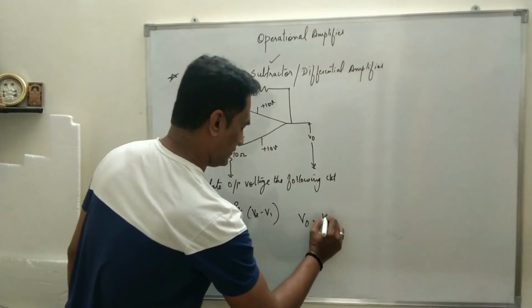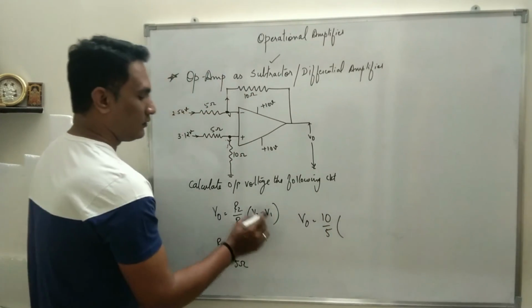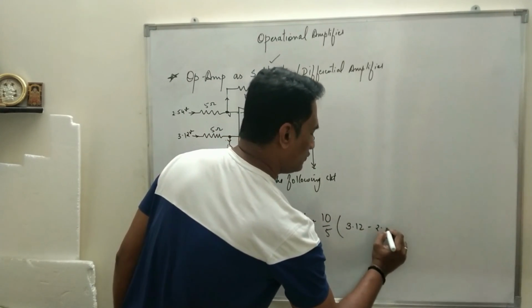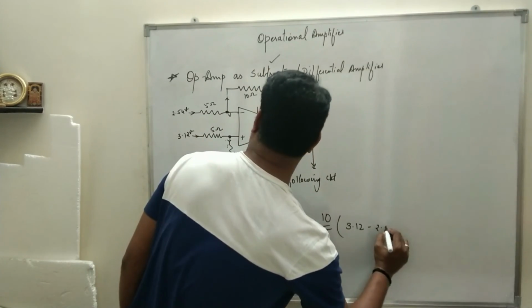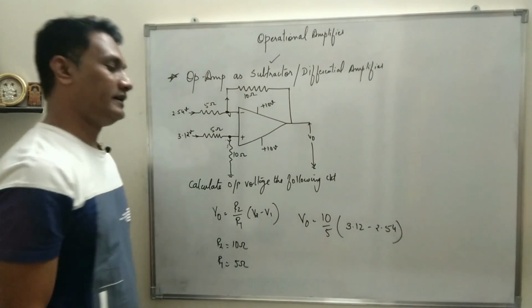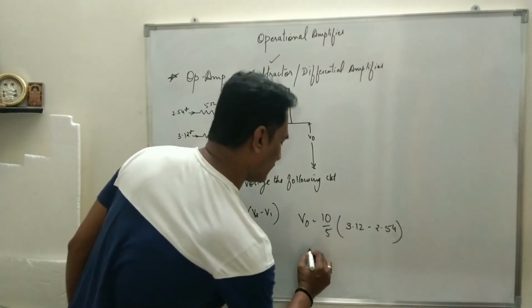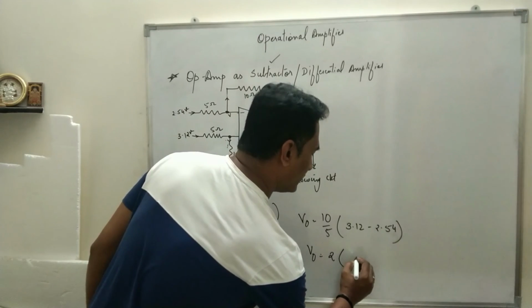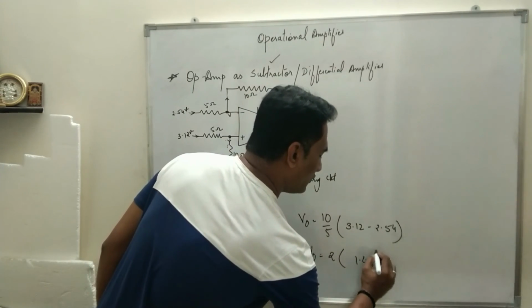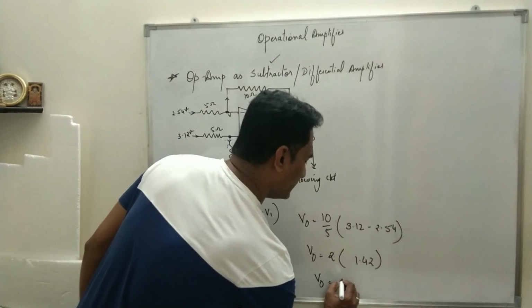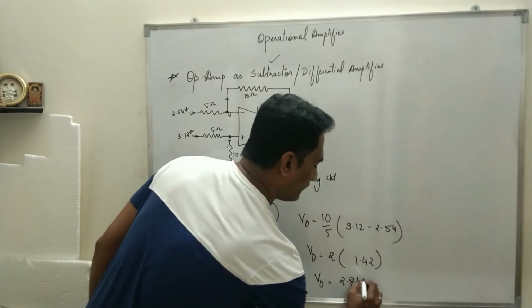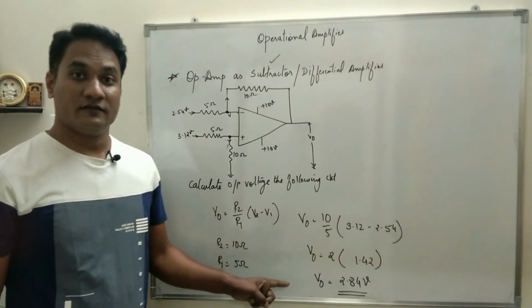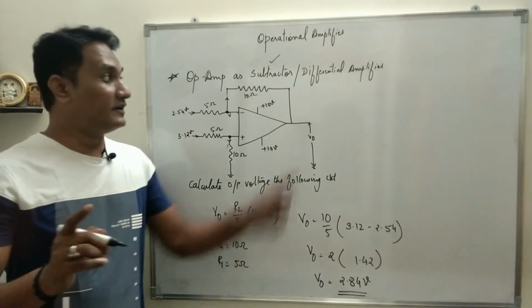So V0 is 10 upon 5 times (3.12 minus 2.54). V0 is 2 multiplied by 1.42, so V0 will be 2.84 volts.